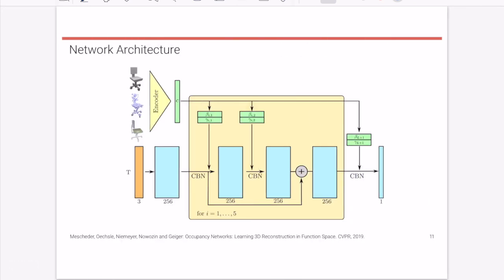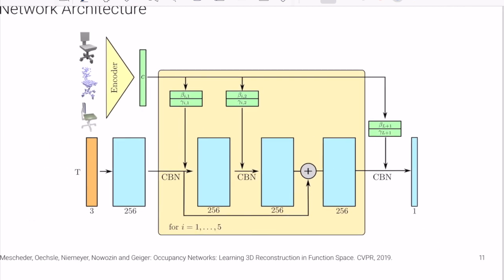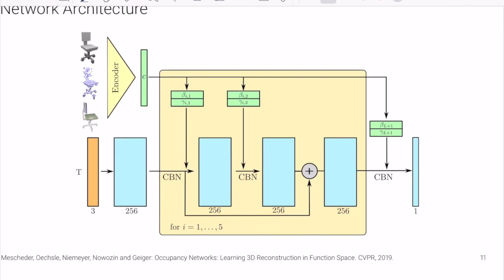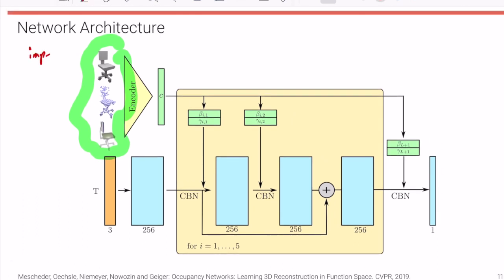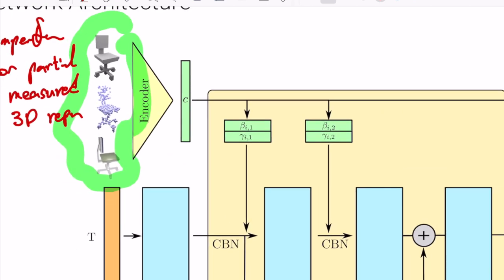So this is an example, the detailed network architecture. In this occupancy network, for example, we assume we have an imperfect or partially measured 3D representation, let's say a mesh representation, point cloud representation, or just a box representation.